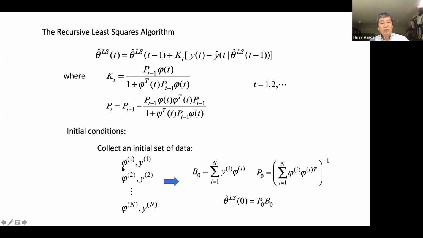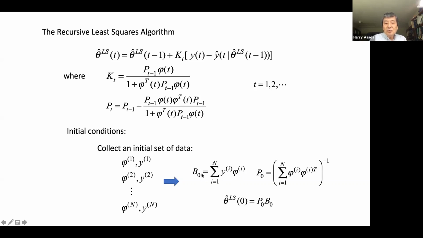this is the input or regressor, and this is the corresponding output. You just collect the capital N set of input-output data, right? With this, you can construct the B naught and the P naught. So y and phi, take the product and summation. That's actually B, right?